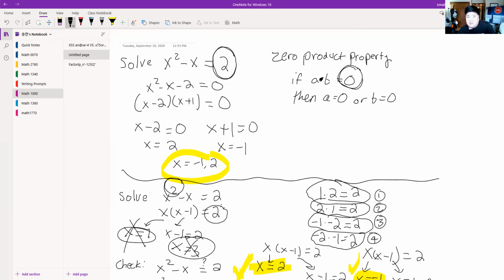But here, if you have the zero product property, there's actually only 2 ways that you can multiply the numbers to get 0. A times 0 equals 0, or 0 times B equals 0. So that is what makes the zero product property easier to use than trying to solve an equation without using the zero product property.